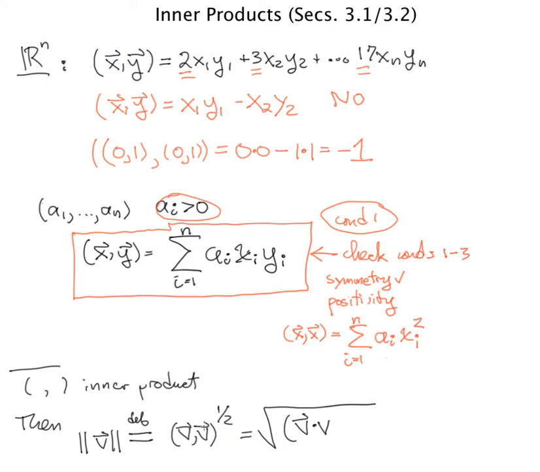And this makes sense because this number, (V, V), is greater than or equal to 0, so you can take its square root. And this is called the norm of the vector.